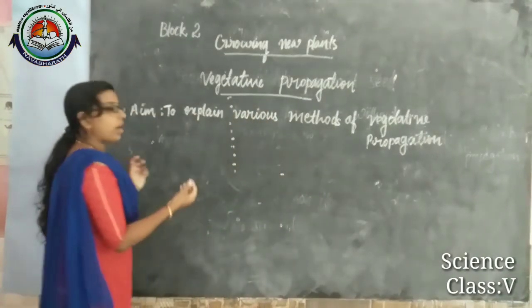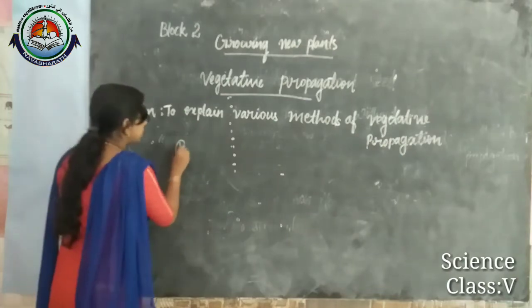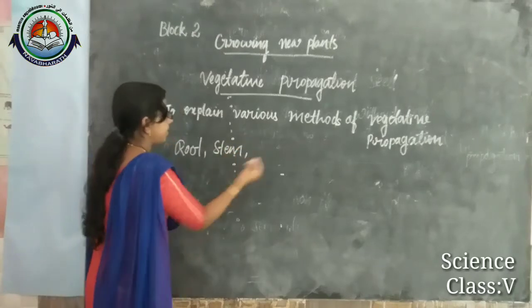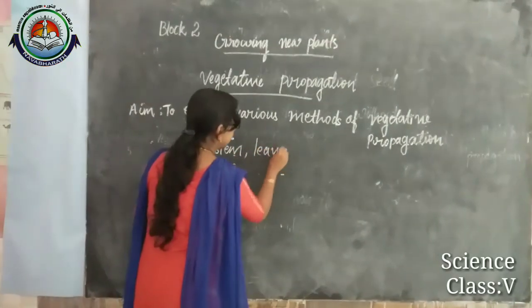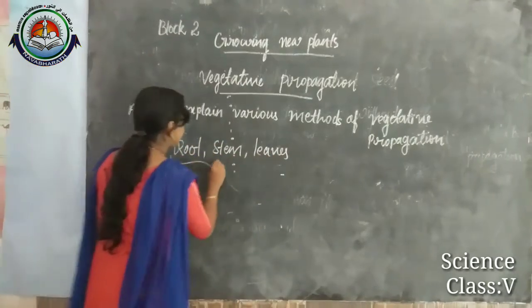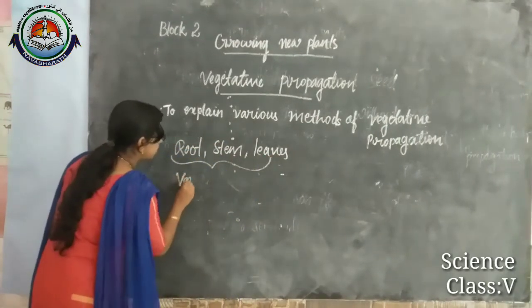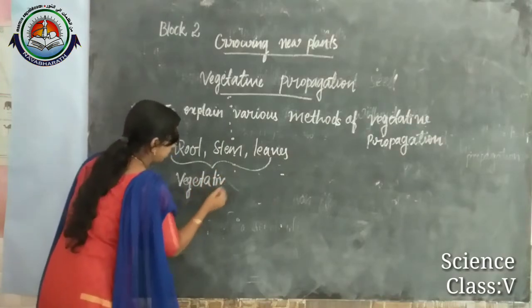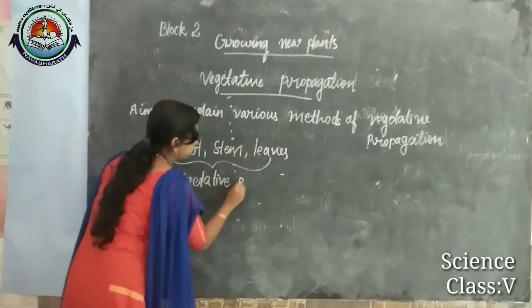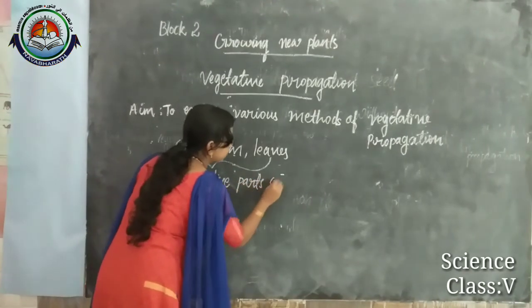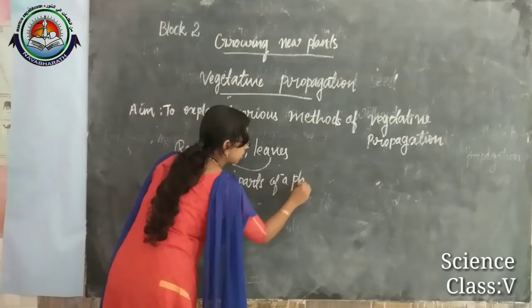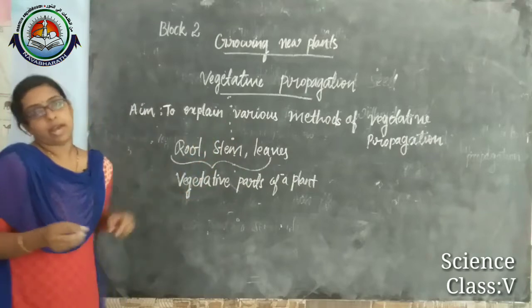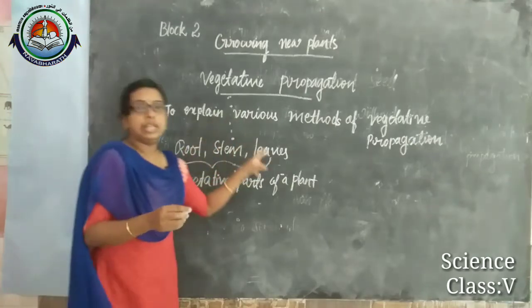So we know what the parts of a plant are: root, stem and leaves. These three are the vegetative parts of a plant: root, stem, leaves.